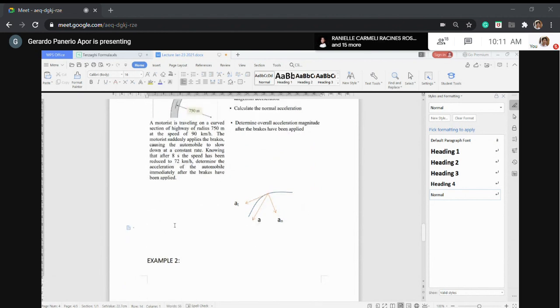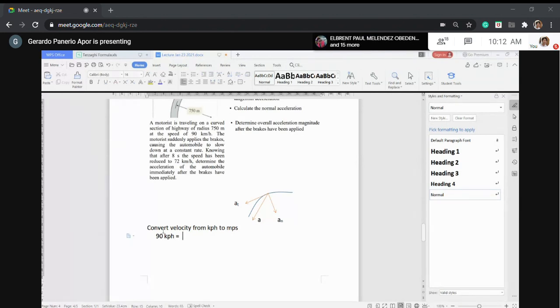First we convert the velocity from kph to MPS, meter per second. If we convert 90 kph, the conversion is we multiply 90 by 1,000, that becomes meters, and divide by the number of seconds in 1 hour.